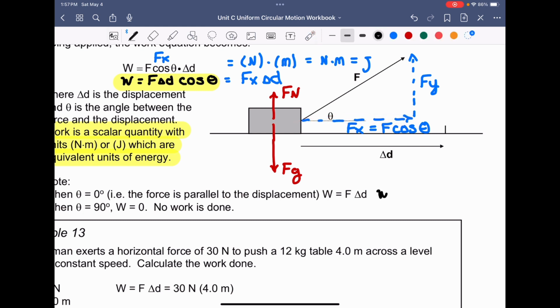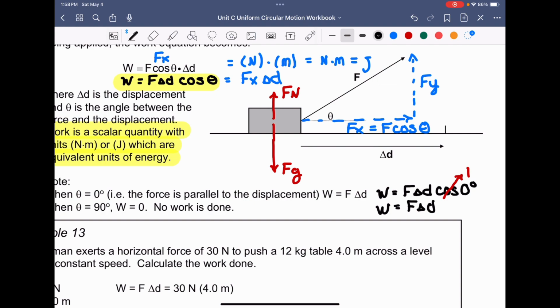So work is equal to some sort of force, delta D, cos of 0, and cos of 0 degrees is equal to 1. Therefore, this would give us work is equal to F delta D. So that's how they derive that. If there is no angle, or no theta to be considered, we consider that to be where it's pulled at 0 degrees, and therefore the cos function is eliminated because it becomes 1.